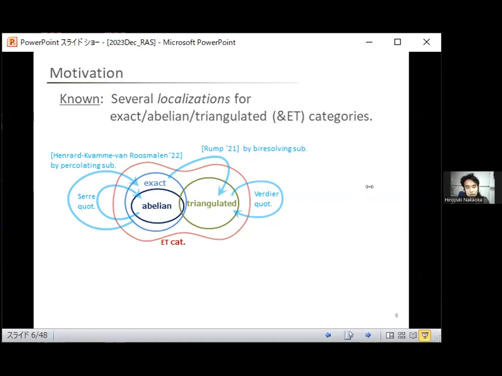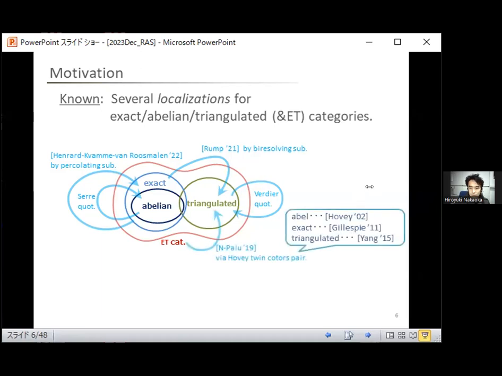Also, there is some localization for ET categories via something which we call Hovey twin cotorsion pairs. This construction unifies some known localizations via nice model structures. Abelian model structures were introduced by Hovey, the exact case was by Gillespie, and the triangulated analog was by Yang.